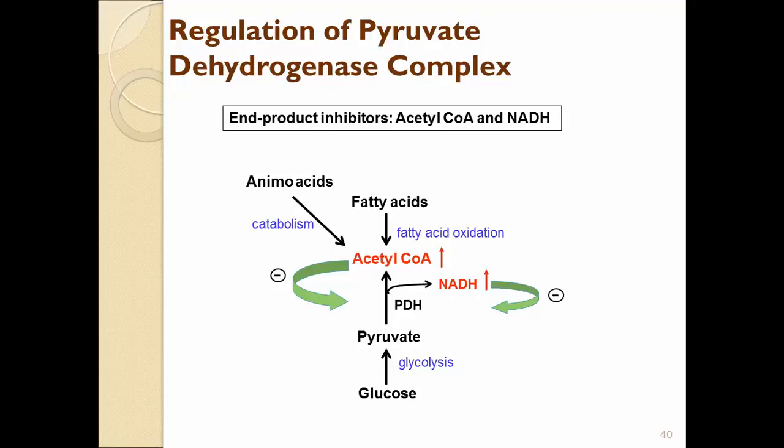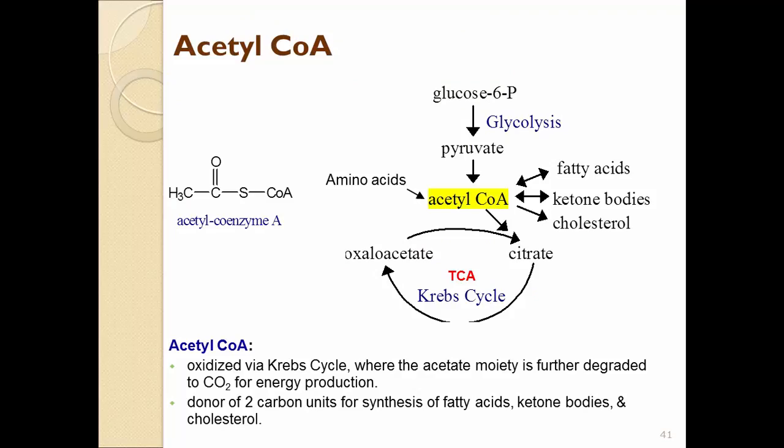And again, this just gives you a brief overview. Acetyl-CoA can be generated not only from glucose metabolism, but also from fatty acid and amino acid metabolism, right? So again, acetyl-CoA is an essential molecule in terms of the energy metabolism from three macronutrients.